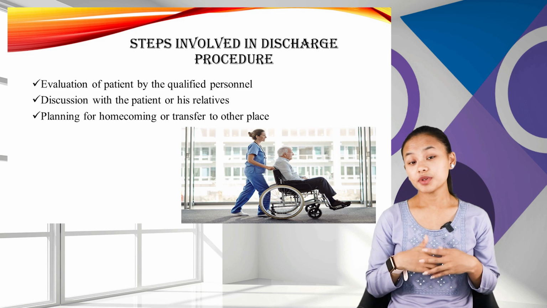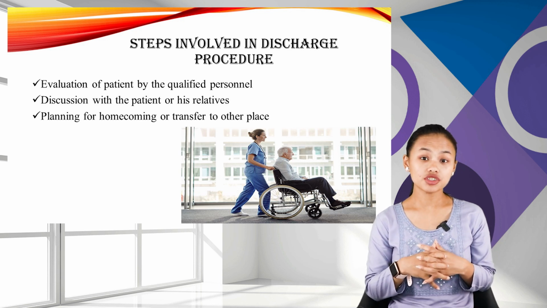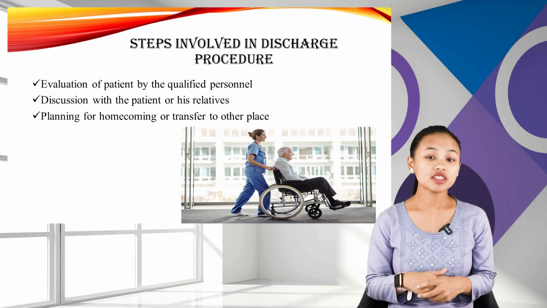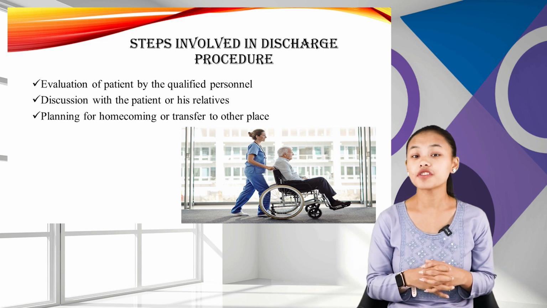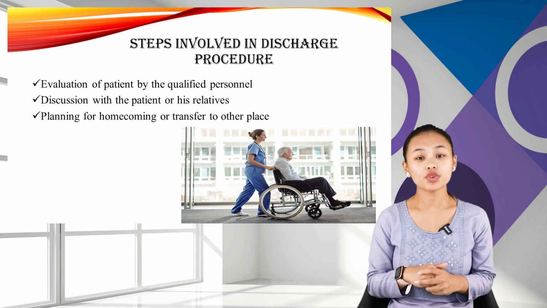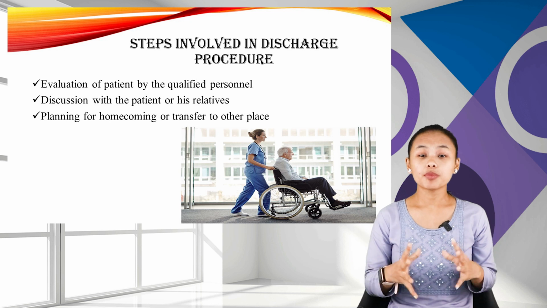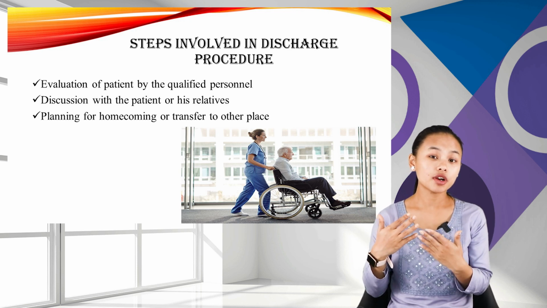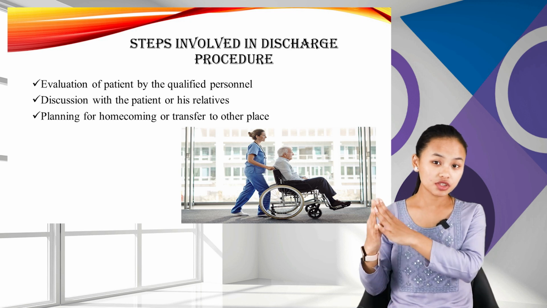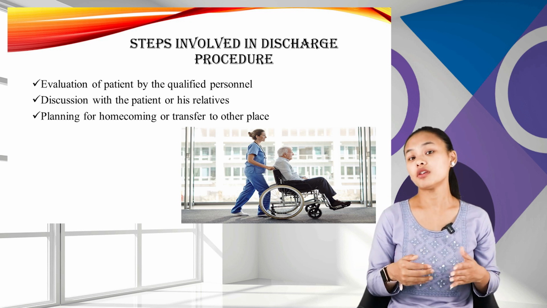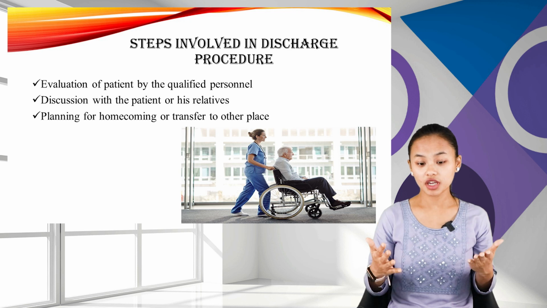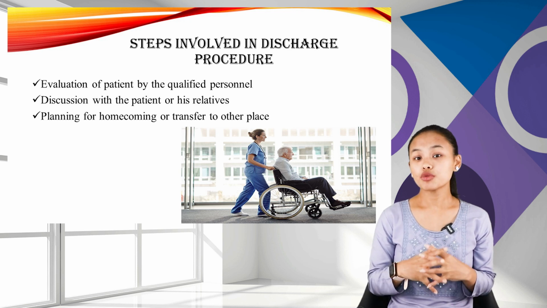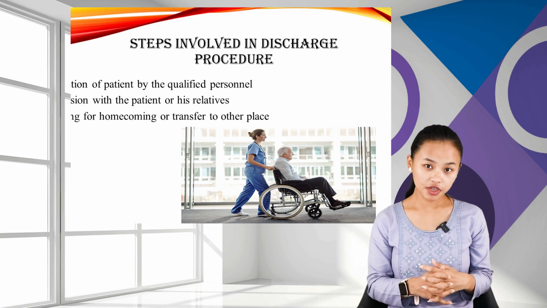After the patient has been evaluated and the discussion is done, then we must plan for the homecoming if the patient has been discharged with a plan. And if the patient has been discharged because of transferring or referring the patient from one hospital to the other, then we must also prepare for the transfer of the patient.